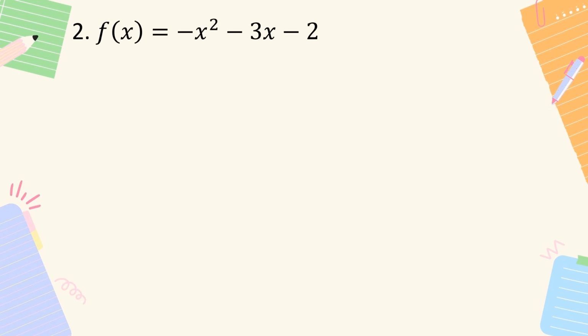For our second example, we have f of x equals negative x squared minus 3x minus 2. We change f of x to 0. So our equation now is negative x squared minus 3x minus 2 equals 0. The coefficient of x squared is negative 1.